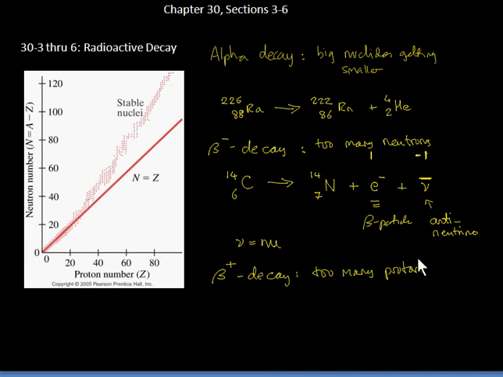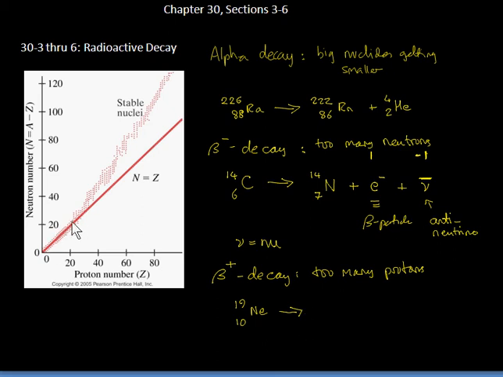And this is less common, but for example, the example that's given in the text again is an isotope of neon. Now you'll notice this one has 9 neutrons, 10 protons, so it's a little below the line of stability here. It has too many protons.